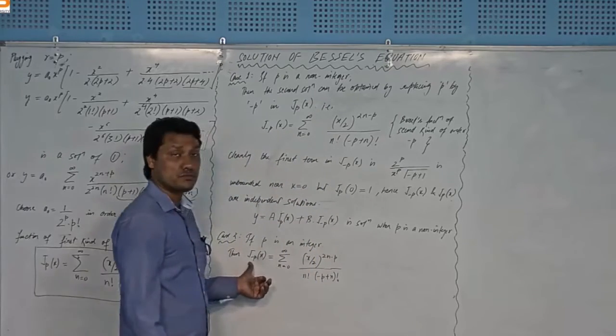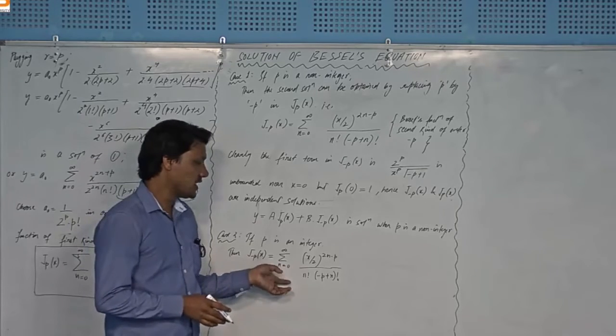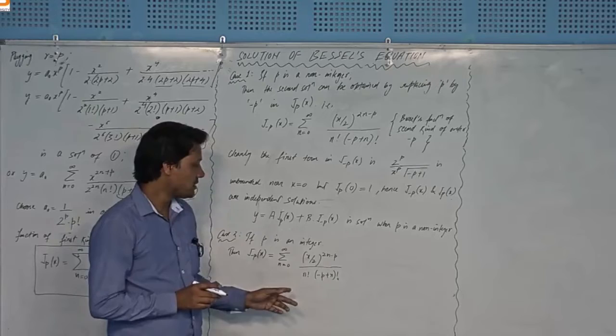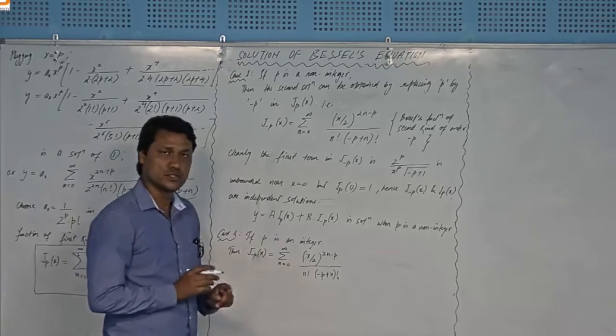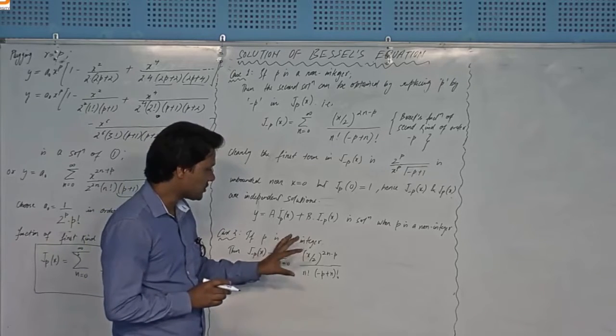This will be the J minus p, but we cannot say that this is the independent solution. We have to check that, right? And remember that the difference in these two cases is that this time your p is an integer, right? Okay, so I can write this summation in this form also.